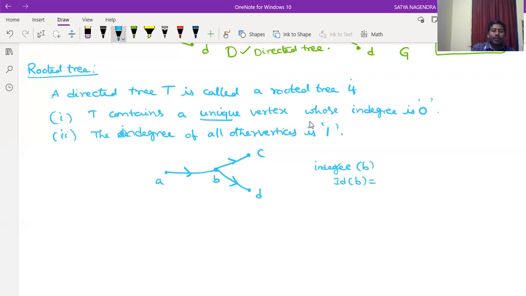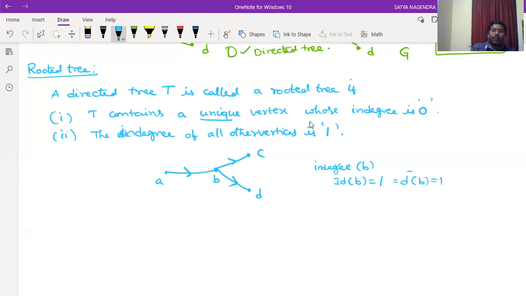For how many edges is the vertex B the terminus or terminal vertex? Those many edges count for the in degree of B. It is the terminus for the edge from A to B, so the in degree of B is 1.